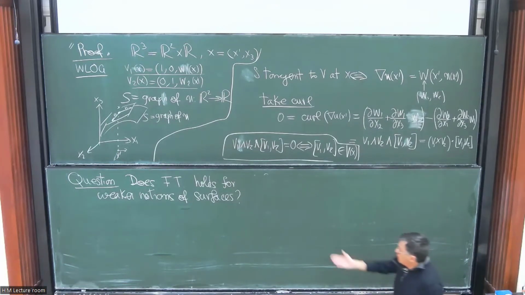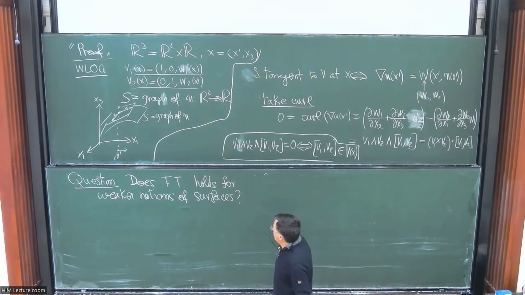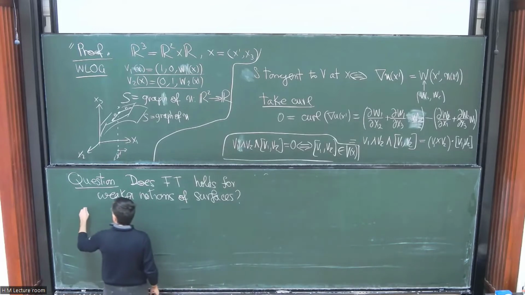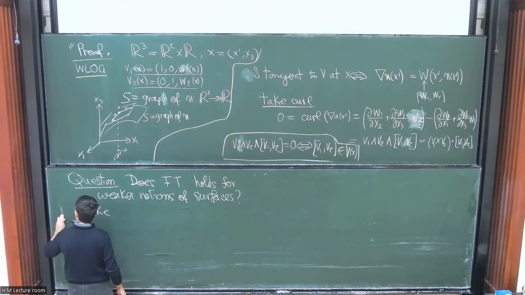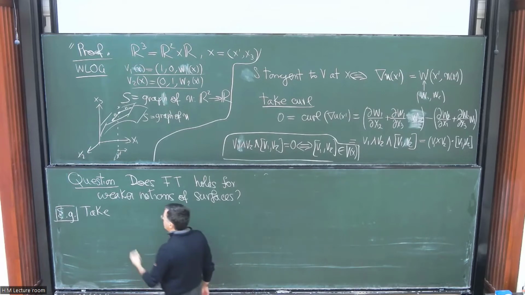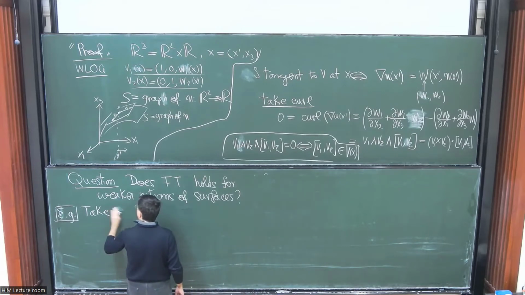Okay, so let me start with this type of question. So the first one that I would like to address is the following. This is an example of how this question can be made more precise. So take S and V and S as before.